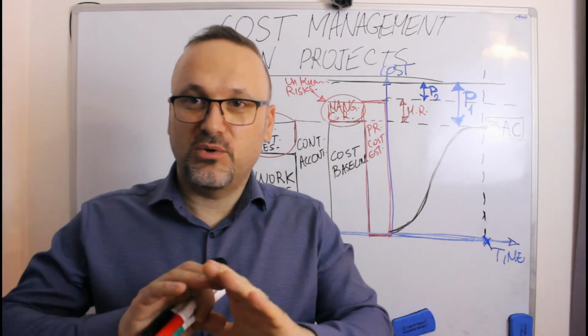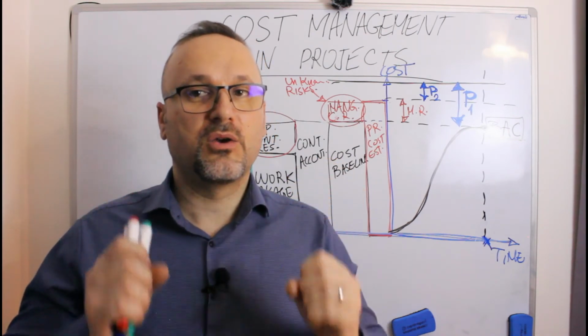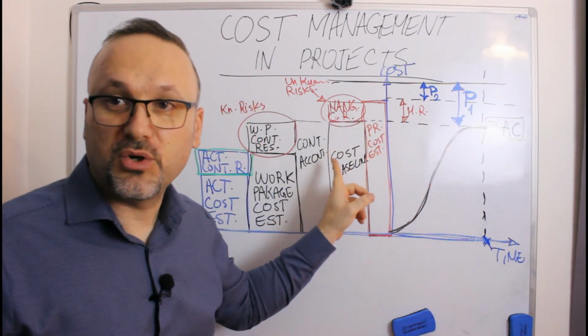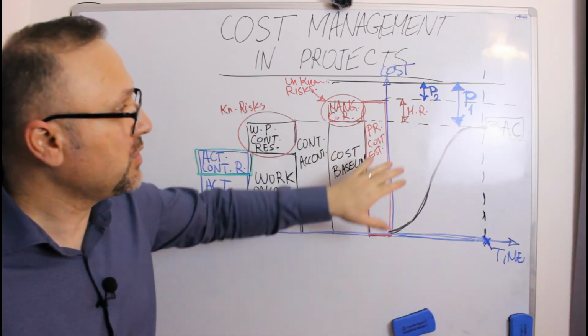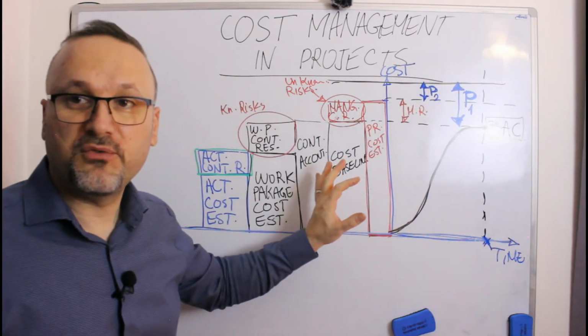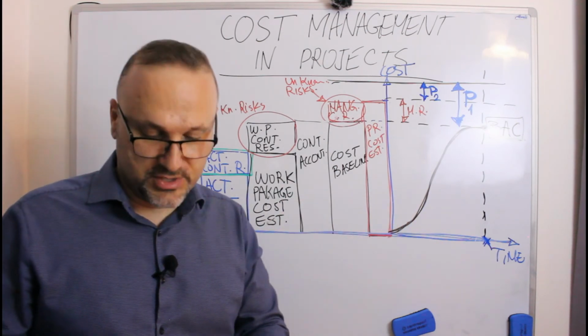So as a project manager, you must work only with the cost baseline, with the budget at completion according to your cost baseline. Okay, let's go to the profit, and let's put some figures over here so it will be clear for you for the cost.